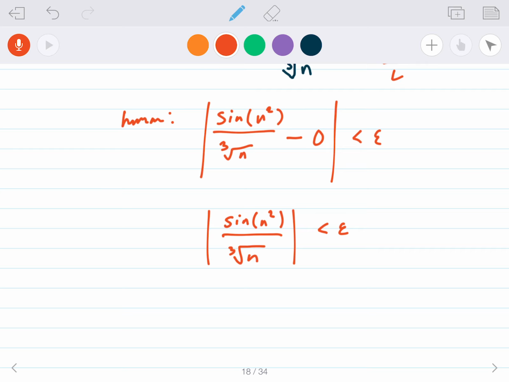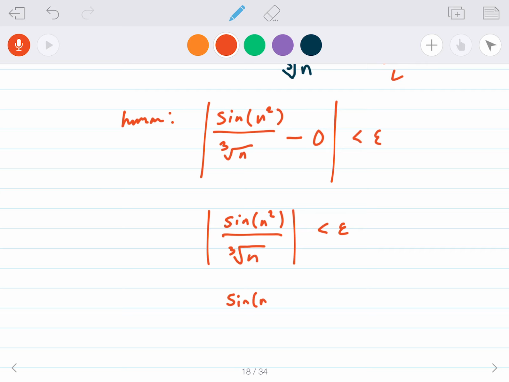Well, for one, we can't say we know for sure that this is positive, right? This doesn't have to be positive. Remember, the sine of something ranges from -1 to 1, so we could have a negative value there. And also, we have too many n's involved.